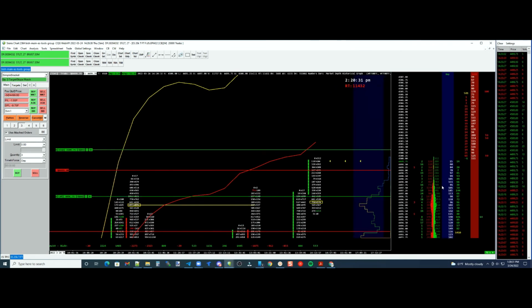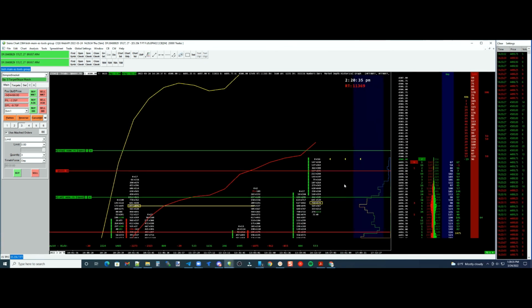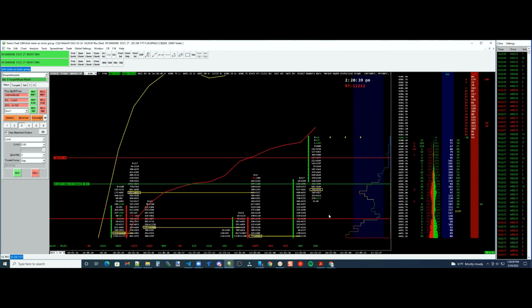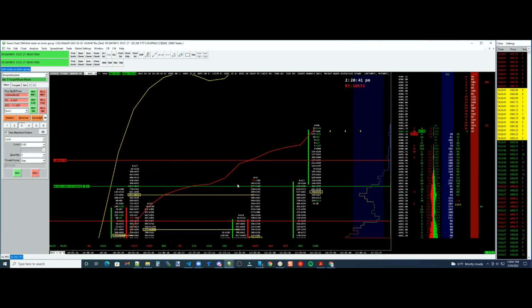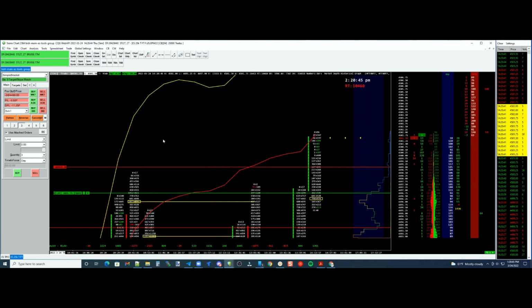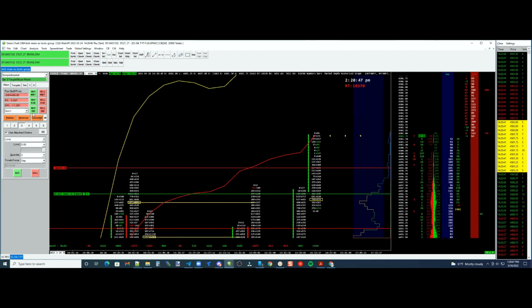Now I just sold into a completely bid market, which I would normally never do. I don't like shorting the ES as it is, but that's your setup right there. So look at that, just bam. So there you go.